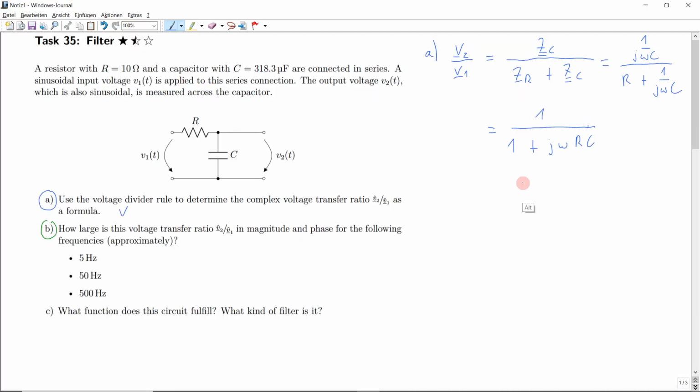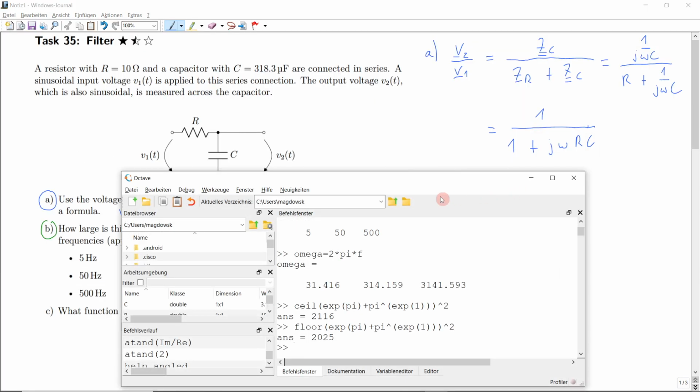So going back to our task. So now we can just go back and set this into our voltage function here. So V2 to V1, I will call it in this strange way, is 1 divided by 1 plus j.